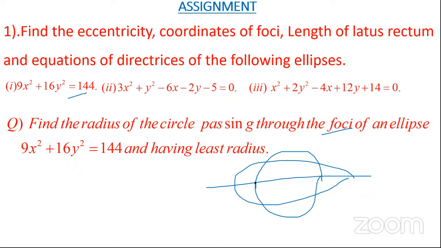We have to find the radius of this circle, which means the distance between the two foci is 2a. Half of that is the radius of the circle. Just you have to do that.